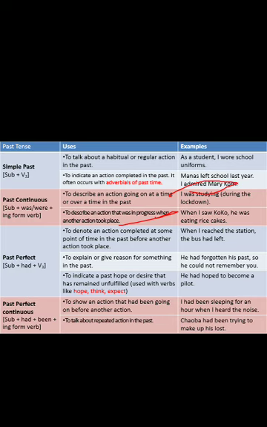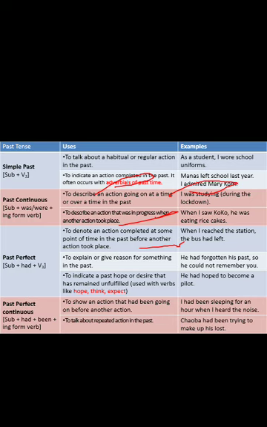And here also, simple past is also used to denote a completed action. So how are we going to differentiate? Here lies the answer. Past perfect is usually used when there is a comparison of two actions.